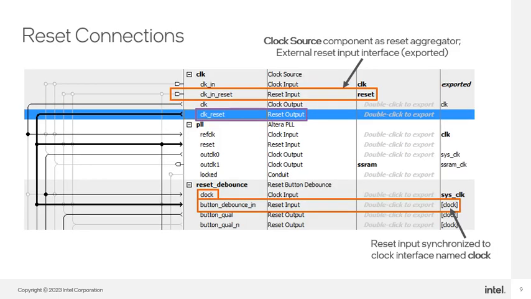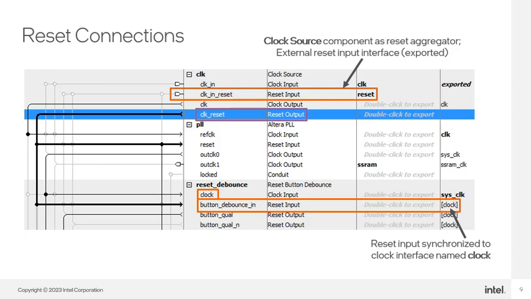In the example shown here, resets are being hooked up manually. The reset input interface of the clock source component is exported to connect to an external reset signal. The reset output interface of the clock source component is connected to the reset input interfaces of components in the rest of the system. The reset bridge component in the Pro Edition functions the same way.